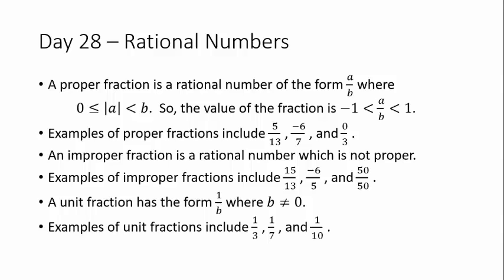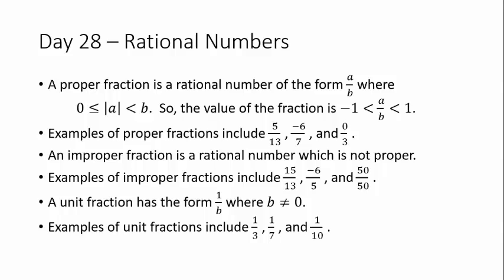In more common terms, we would say that the numerator is less than the denominator. Be careful, though, whenever you think about negative fractions. Examples of proper fractions include 5/13, -6/7, and 0/3. Notice how the numerator compares with the denominator.